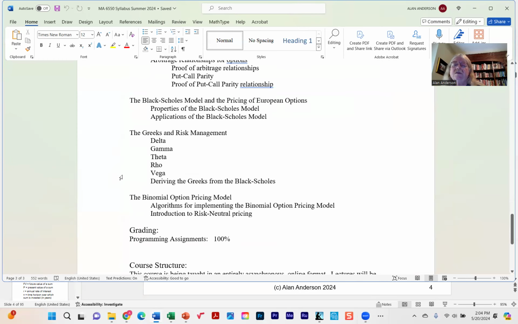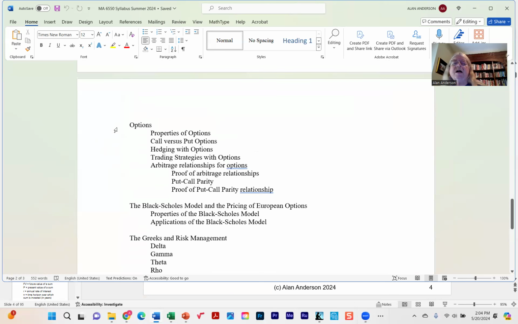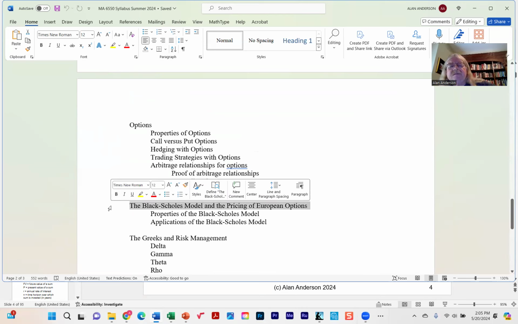Now, all of this material has a very interesting history. The derivatives themselves, in particular, options, have been around for a long time, but what really held up their acceptance in the financial markets was the fact that they were so complicated that it was very difficult for anyone to understand how they should be priced. Okay, so it took until 1973 before the first proper option pricing model came along, this Black-Scholes model, which you'll see here.